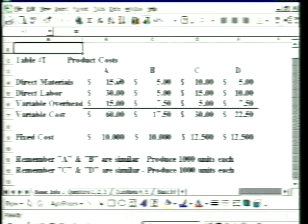The true cost is: direct materials for A are 15, direct labor for A is 30, variable overhead for A is 15, total variable cost is 60, and fixed cost is 10,000 for A. We produce 1,000 units of A, therefore the average fixed cost is 10,000 divided by 1,000, which is $10 per unit. Does that make sense, everybody?